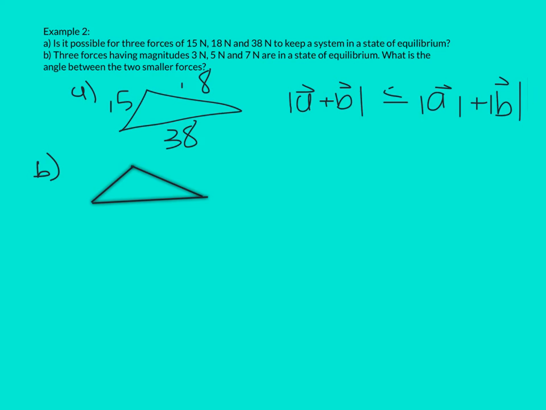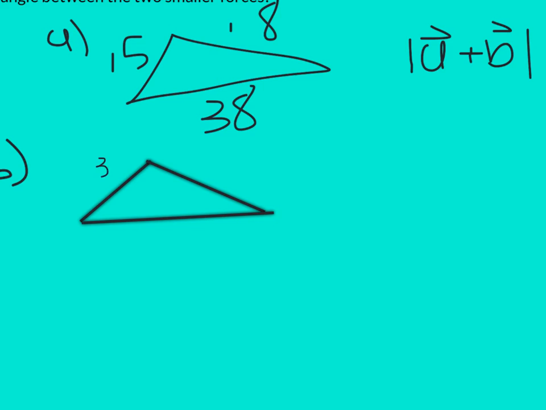And we want to know the angle between the 2 smaller ones. So 3 newtons, 5 newtons, 7 newtons. We want to know this angle here. And we know that adding these things together, so putting them all tail to tip, brings us back to the start. So the resultant would be 0.